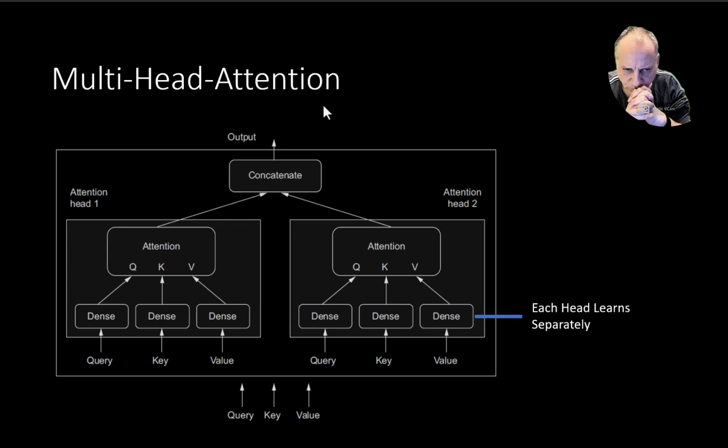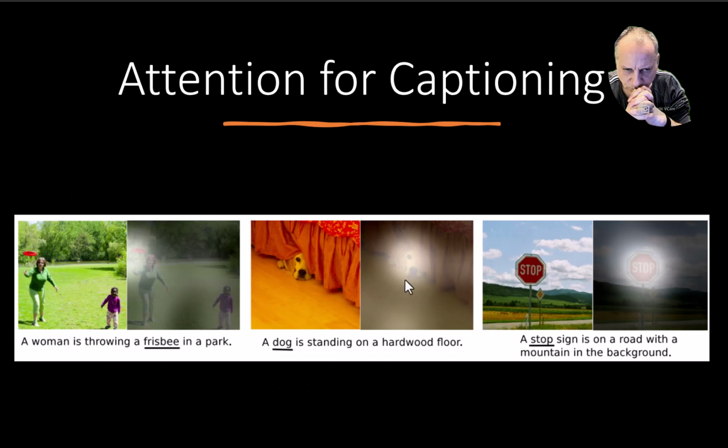What part of the image is going to be relevant for me to make my decision? Because I'm looking at multiple objects, I'll have a separate ability to focus on certain parts of it and also focus on some other parts of it. And this is called multi-head attention.